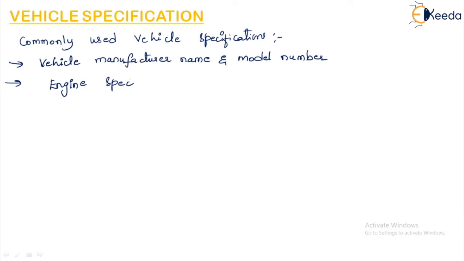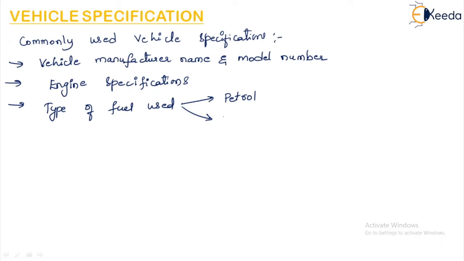So here we will have vehicles with 250 cc, 500 cc. Okay, that is the engine size. Then type of fuel used. So for the vehicle, for example, cars are usually petrol or diesel.